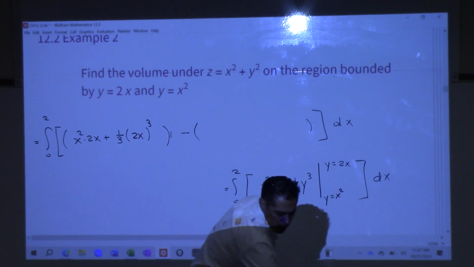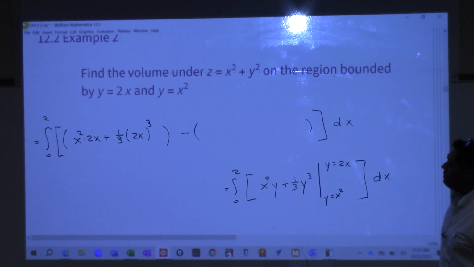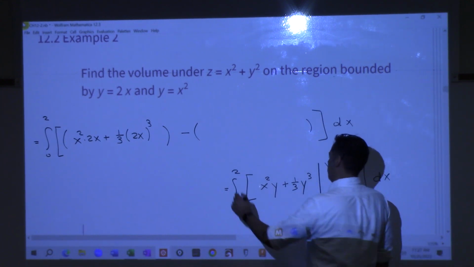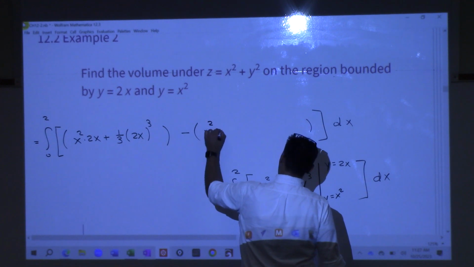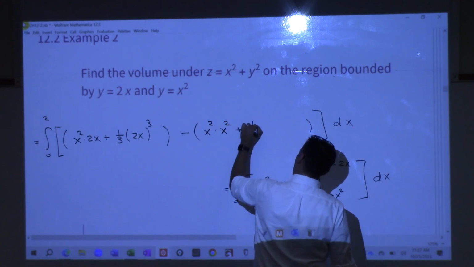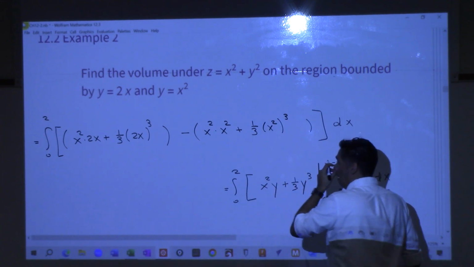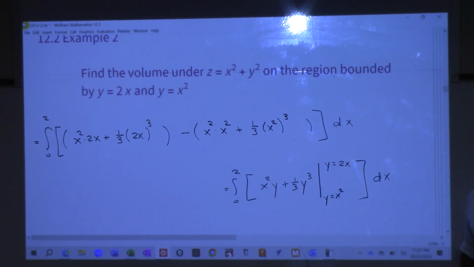That's what I get when I plug in 2x for y. And then I have to plug x squared in. So we get x squared times x squared plus 1/3 times x squared, but then cubed. The good news is when I'm done cleaning this all up, it's going to be a Cal 2 problem, a polynomial, and then I can just use the power rule.